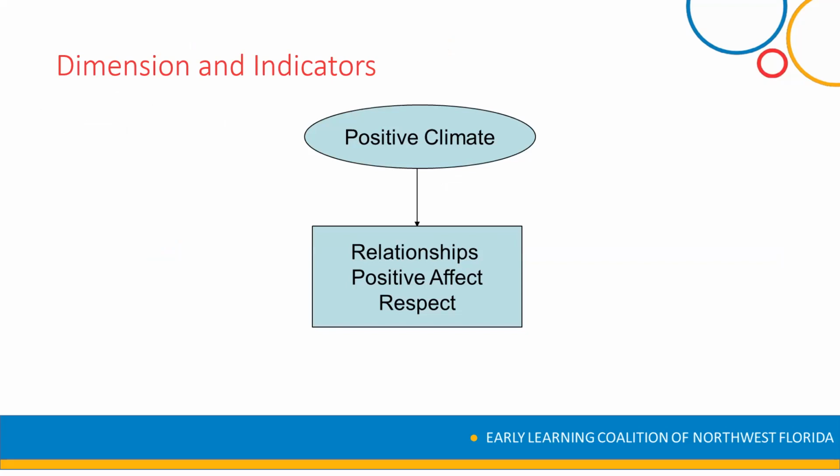Relationships is using children's names, getting on the toddler's level and talking to them instead of standing up and looking down at them and having them look up at you. Go down on your knees, sit in a low chair, whatever is comfortable, but get down on their level and talk with them. Tell them you're happy to see them. Use their names. Tell them you like their new shoes today.